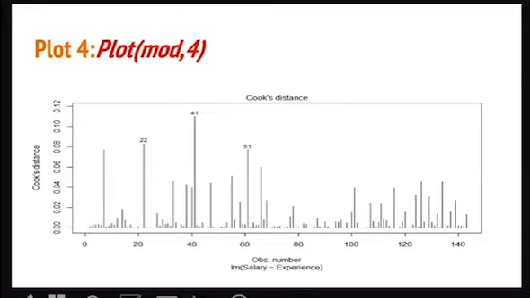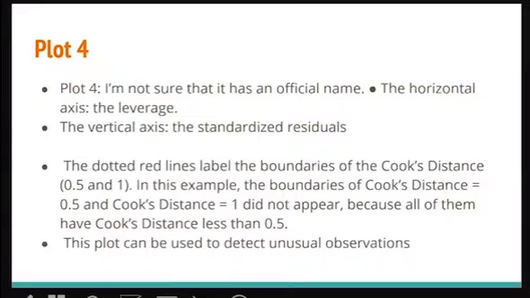Even though at times we can see some outlying points, provided their Cook's distance is less than 1, there's no problem. Okay, so I just try to explain that.